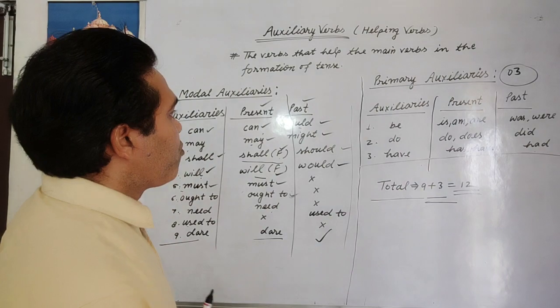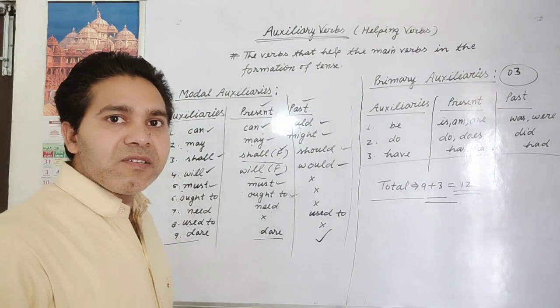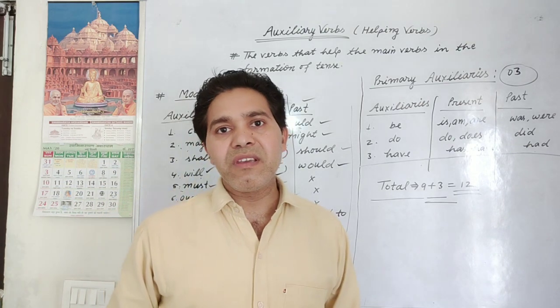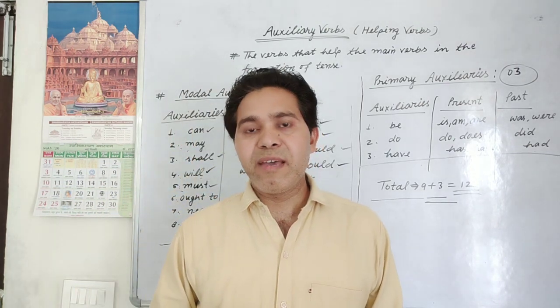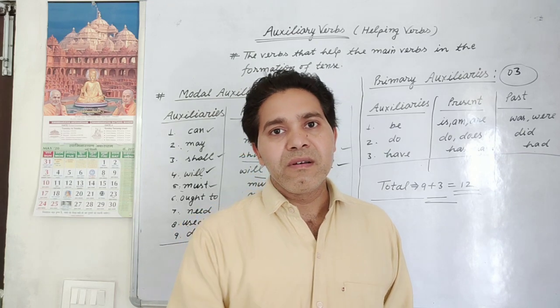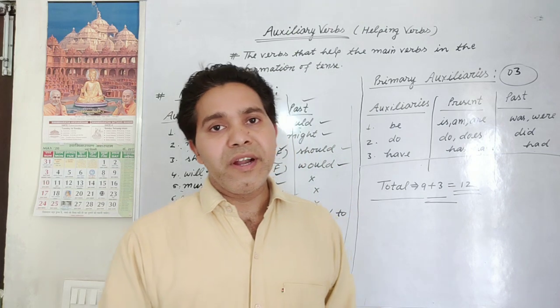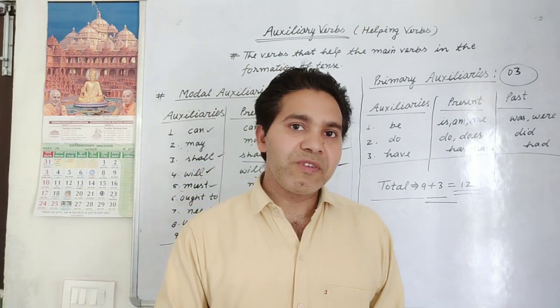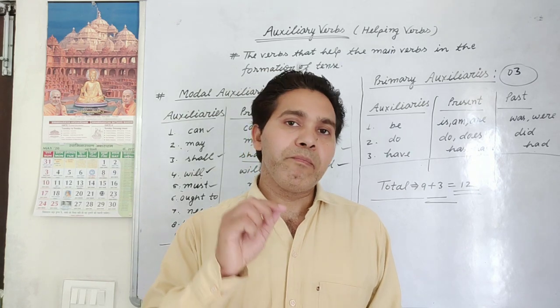First of all, can. As I have written here, can shows the ability to do something in present tense. Remember this thing. How? You can do this work, she can do this work, you can solve this question, she can solve this question, you can beat that boy.